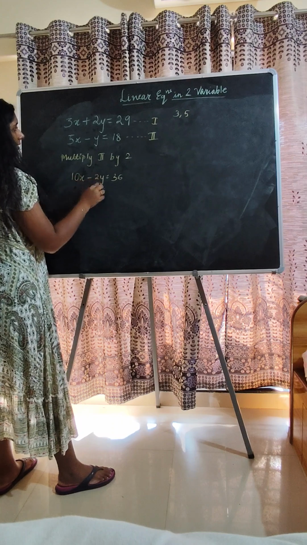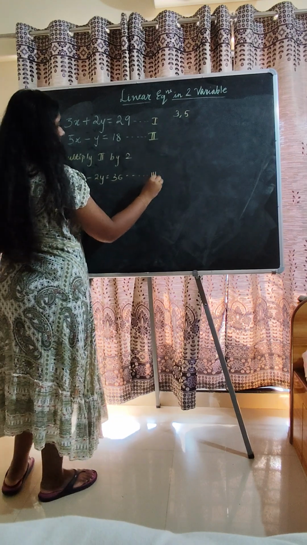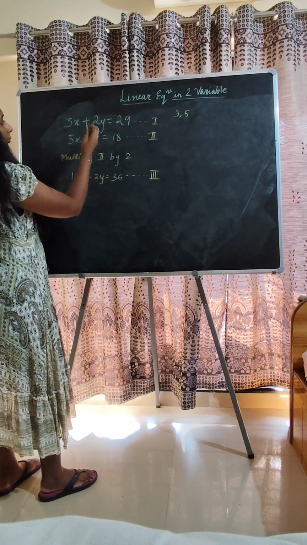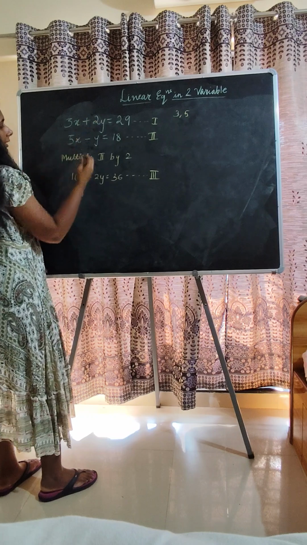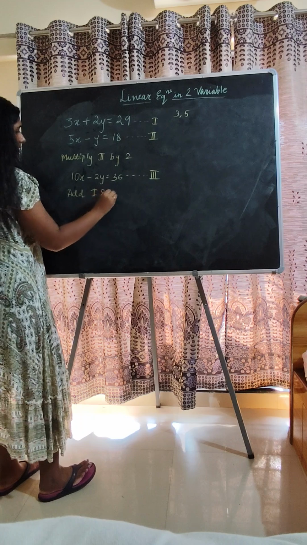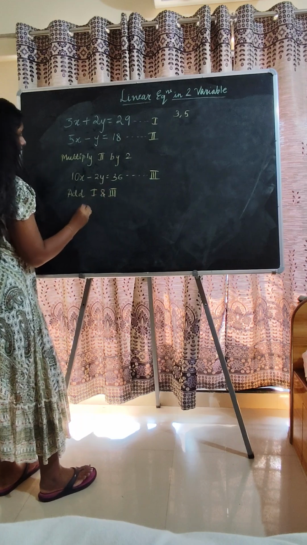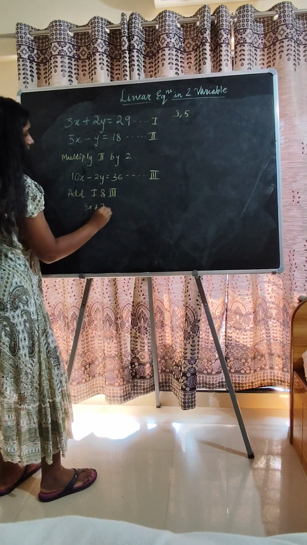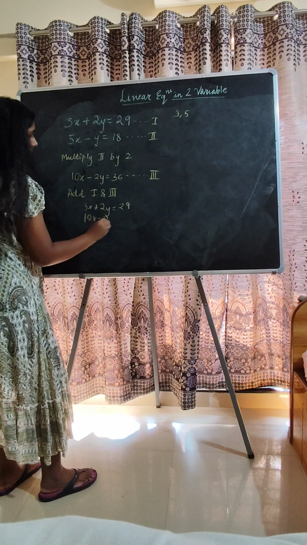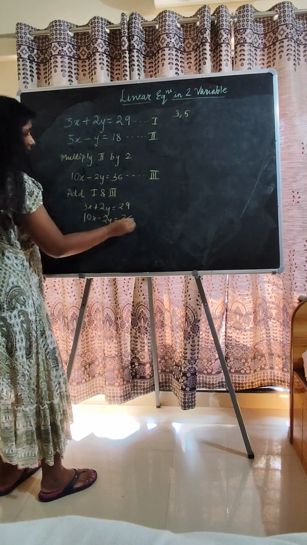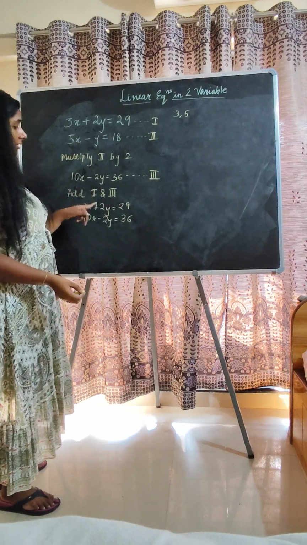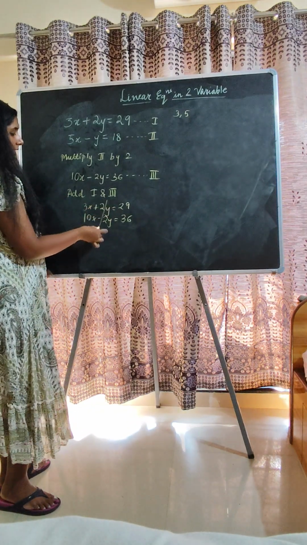Now this is the third equation. We will now add 1 and 3. Now see, when you add both, this has a minus sign, this has a positive sign, so these two will get cancelled.